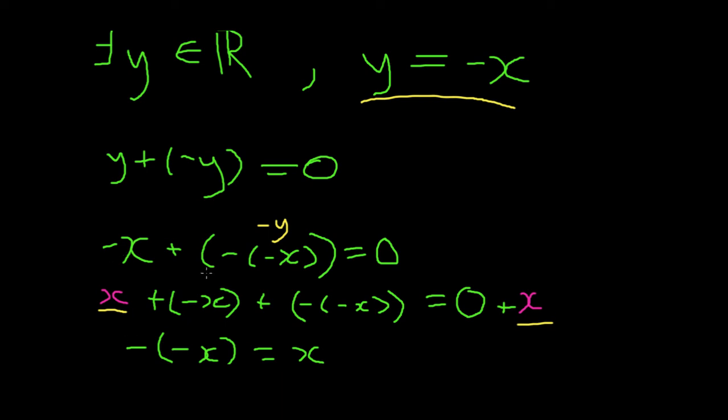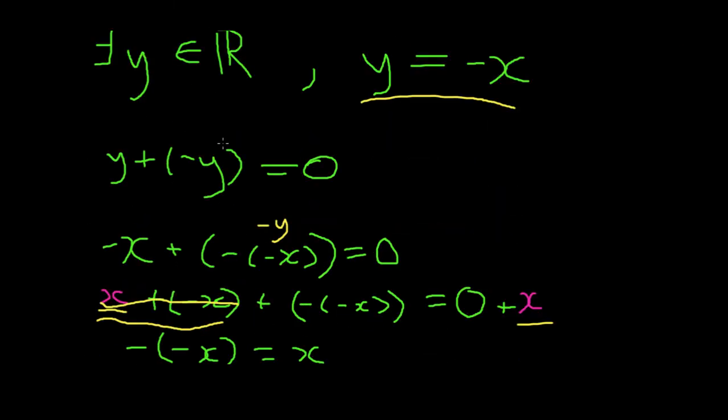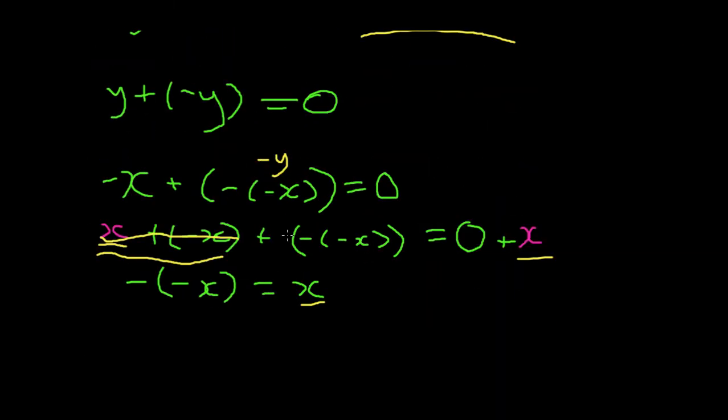It's fine, just do it. Add x to both sides, and what you'll see is that this side will just become x, but this x and this x will cancel each other out. So what we're left with is negative x is equal to x. That makes sense. And we just proved the proposition. So you're seeing how direct proofs work.